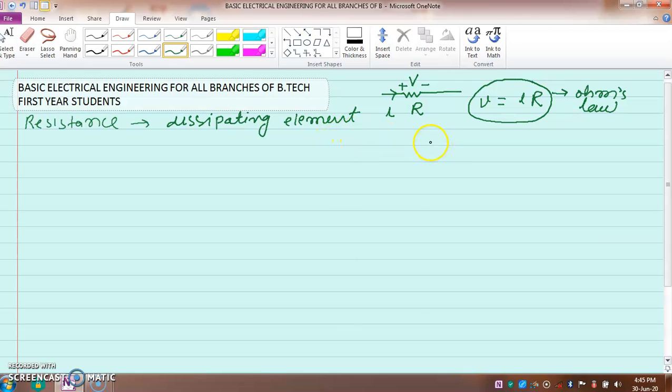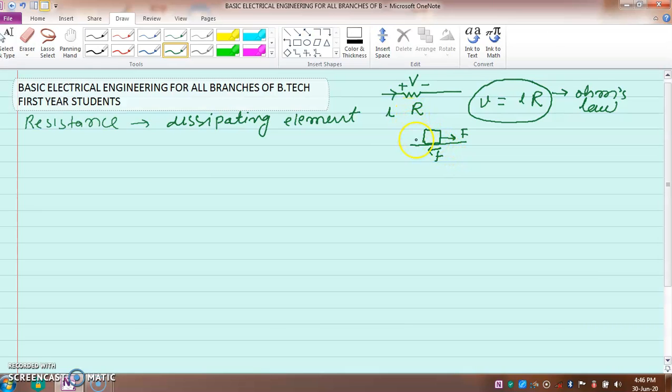It is the same if you compare its analogy with a mechanical system. Suppose this is a block in a mechanical system, and if it is dragged by a force, then an opposition force will act, and this force is called friction. Friction will also produce heat here.